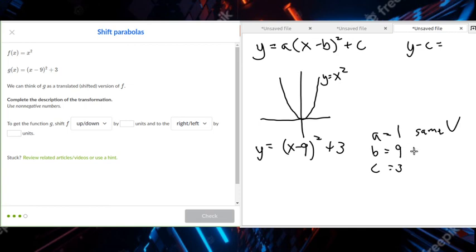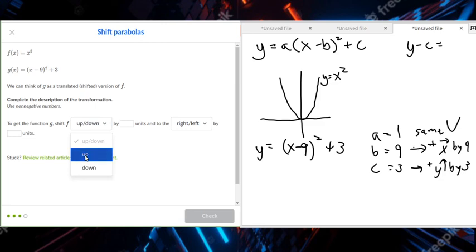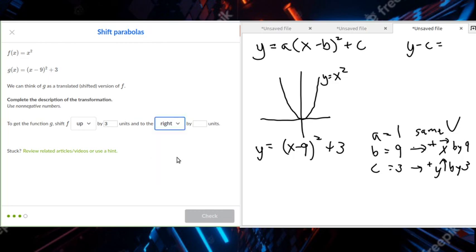Here it means that we're moving in the positive x direction by 9, and here we're moving in the positive y direction by 3. Positive x direction means right, and positive y direction means up. So that's enough for us to answer this. We shift this up by 3 and right by 9.